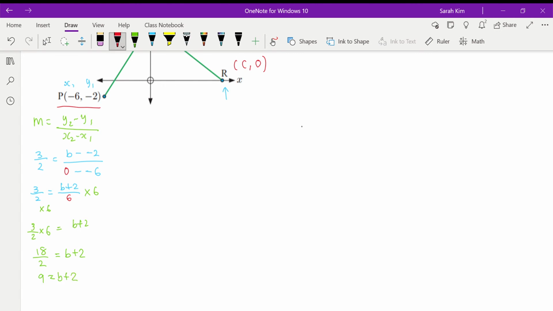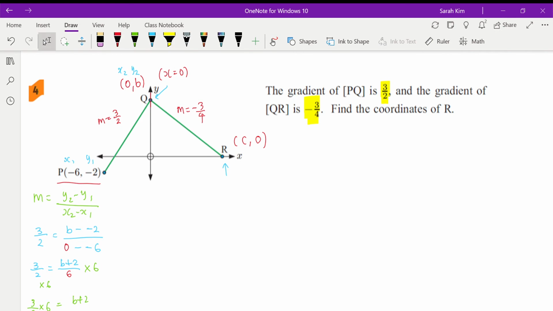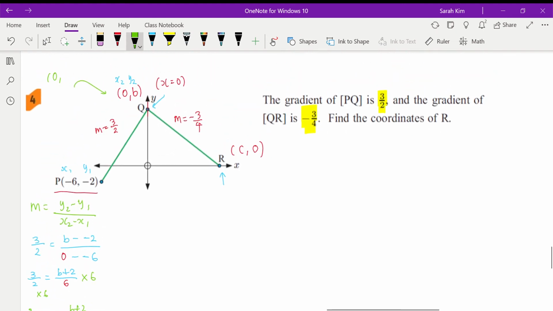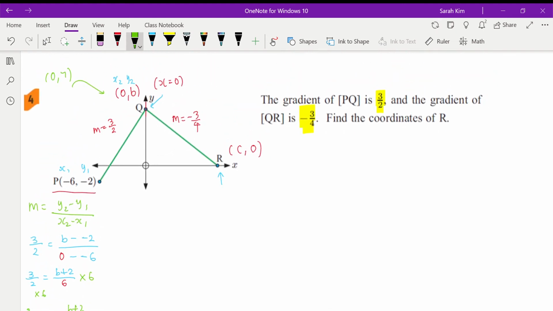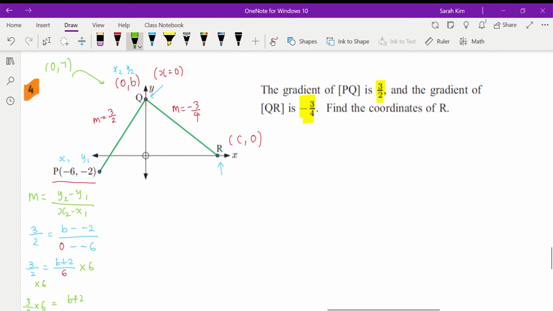All I have to do is take 2 from both sides. So 9 take 2, which is 7, equals b. So I found my b. So this corner over here is 0, 7. Beautiful.